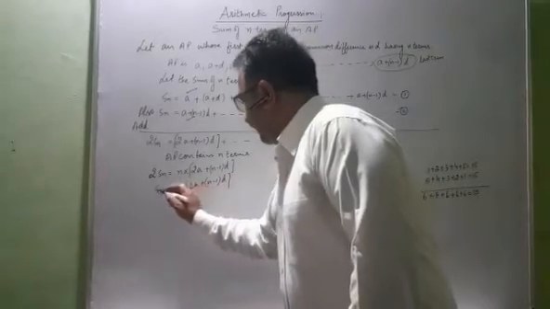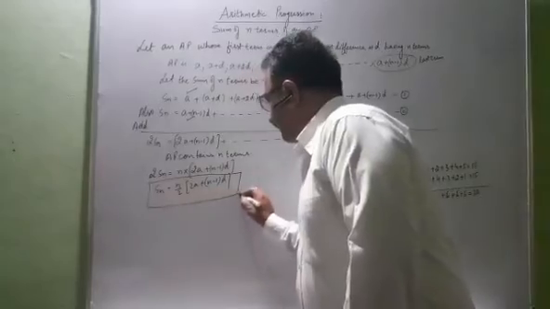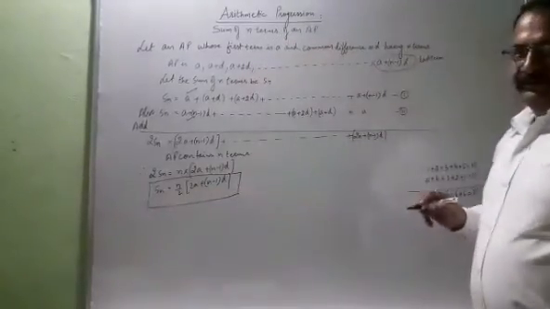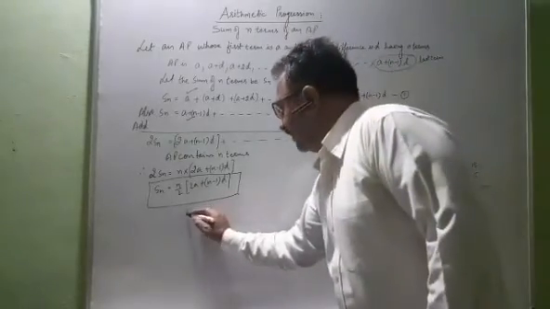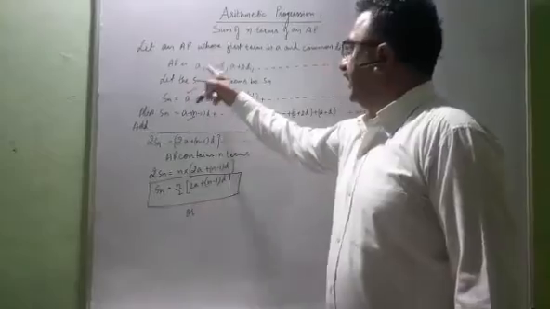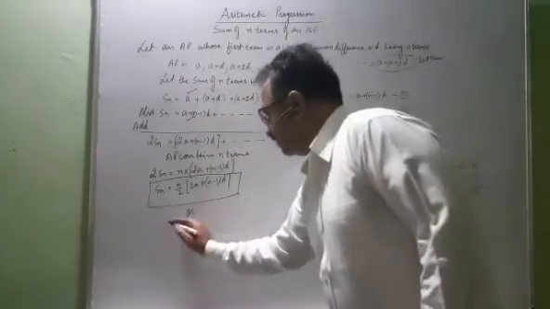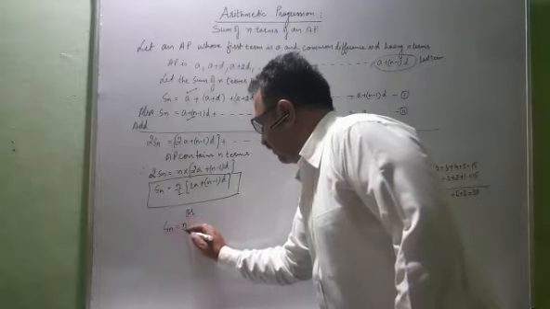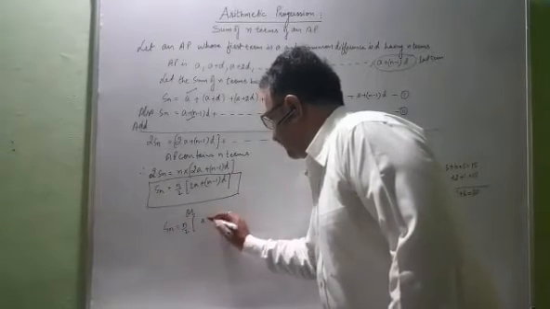So this is the required formula for the sum of n terms. Now, this formula can be written differently. Here we are adding the first and the last term. So Sn can be written as n by 2 into (A plus L).